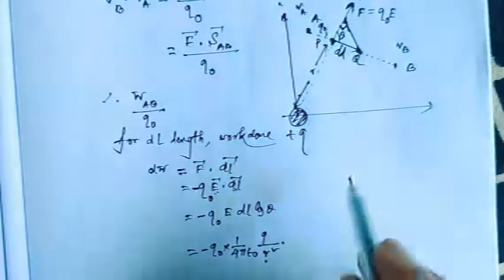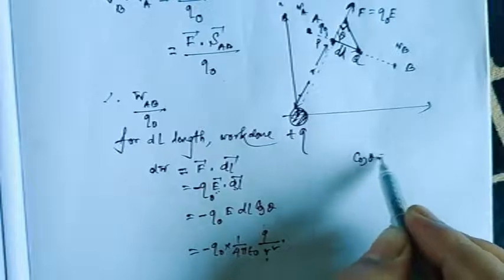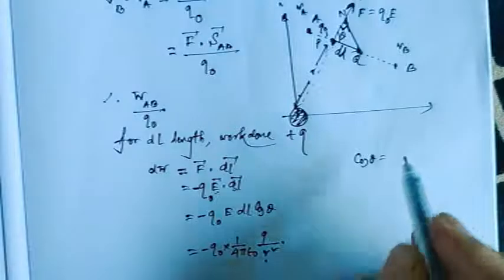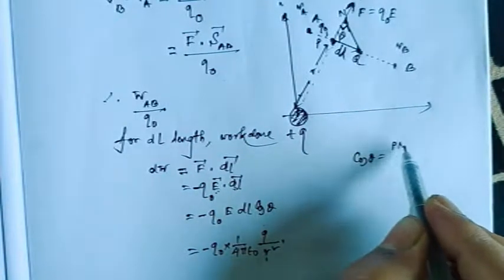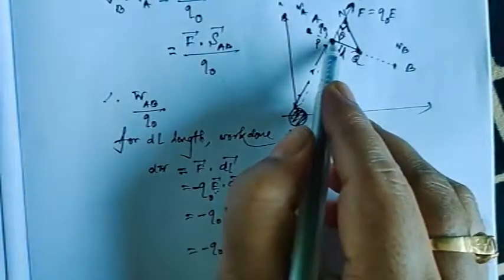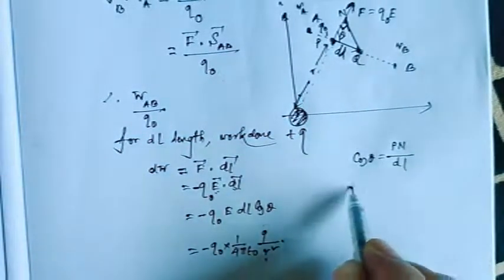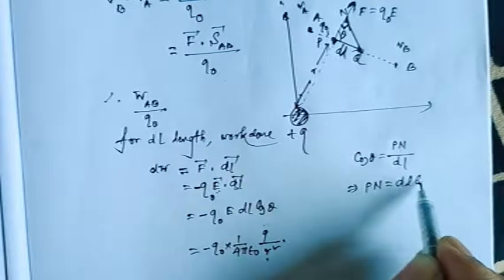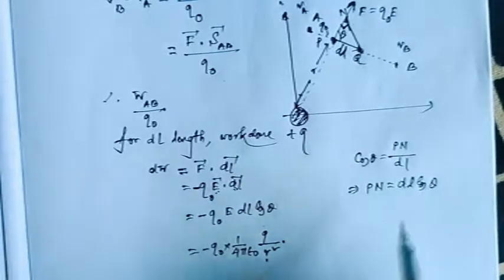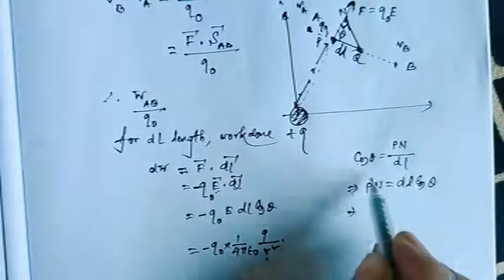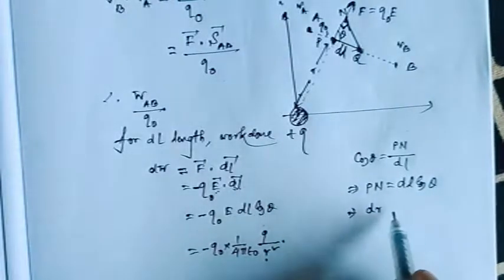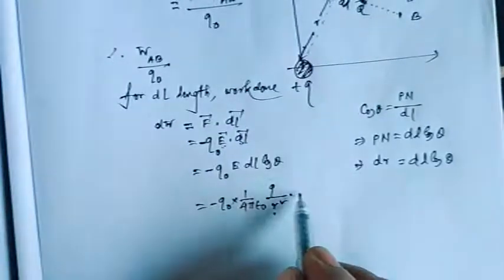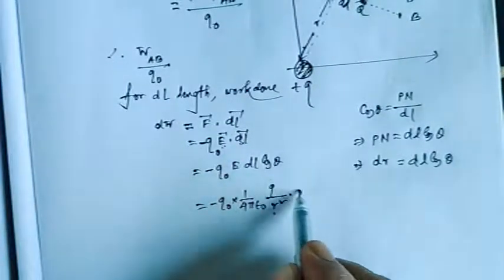Therefore, cos theta equals base by hypotenuse. So base means from P, let us assume this is n, Pn by hypotenuse. Hypotenuse is this dl. Therefore, Pn equals dl cos theta. Let us assume this Pn is nothing but dr. dr equals dl cos theta. So in place of dl cos theta, we consider dr.